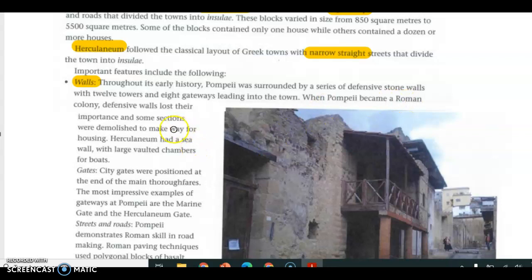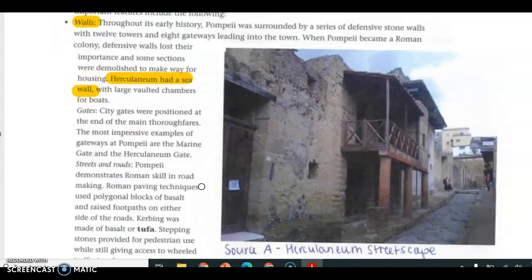So they took away some sections of them, but you can still see parts of the walls. Herculaneum did have a sea wall, which separates the town from the port. It might have been protective as well. And we have lots of boat houses and boat chambers along that wall, which is important.